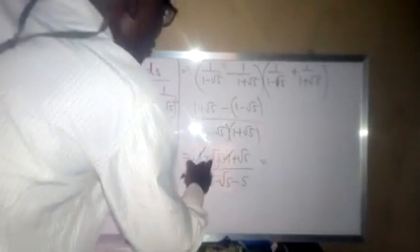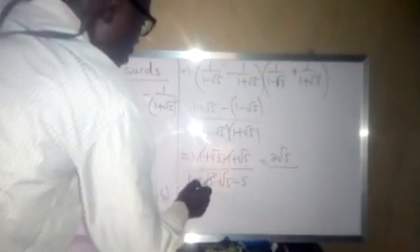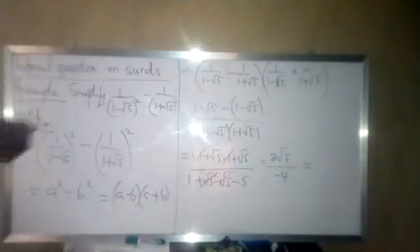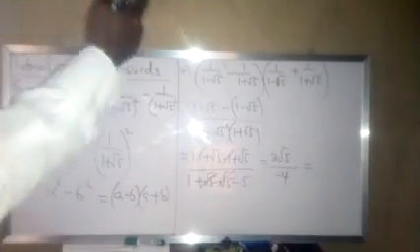Then plus root 5 plus root 5, that's 2 root 5, all over 1 plus root 5 minus root 5, which cancel. This is 1 minus 5, that's minus 4. By the time our minus sign goes up, I didn't multiply numerator and denominator by minus 1, so we have minus 2 root 5 all over 4. That will be minus root 5 all over 2.